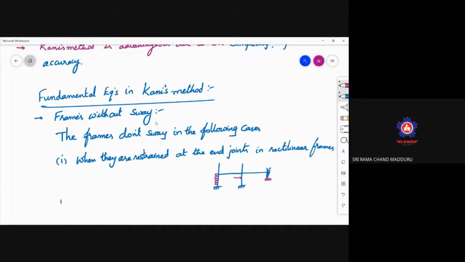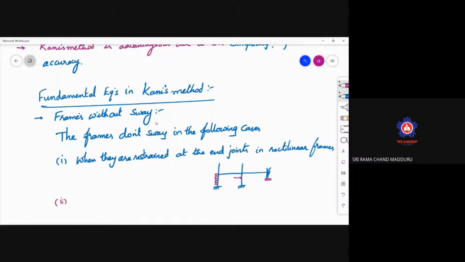Second one is, the remaining things we already know. When the loading is symmetrical and there is no eccentricity, there is no horizontal loading, and there is no change in the moment of inertia of the section of the columns, all these things don't give any sway in the structure.